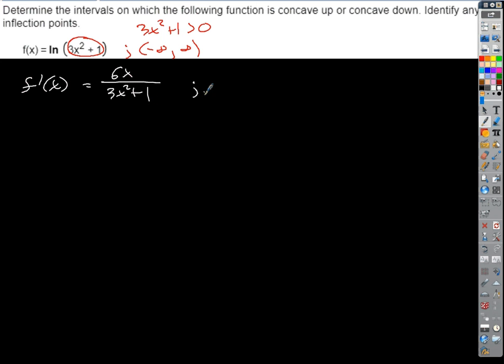Is that undefined anywhere? Yes. Where? Where the denominator's 0, right? But where's the denominator 0? Nowhere. It can't be. The denominator would be 0 when x squared equals negative 1/3, which it can't be for any real value.